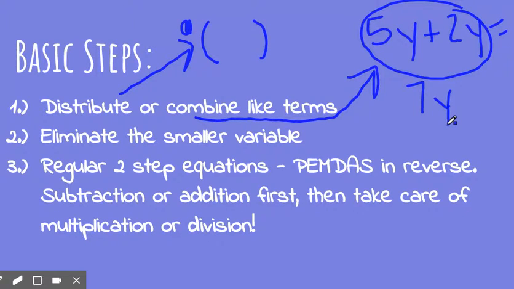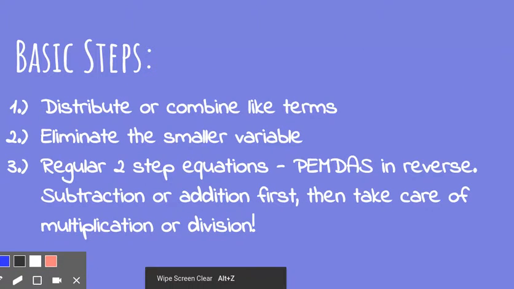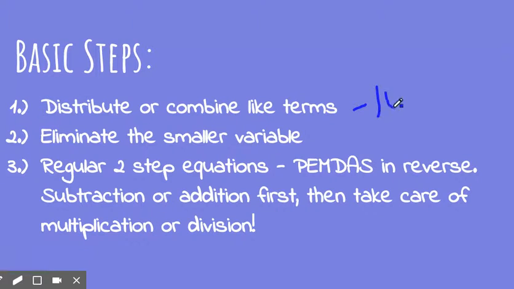Step number two, you want to eliminate the smaller variable. So if you have negative 10x on one side, and on the other side of the equal sign, you have 3x, your smaller variable is going to be that negative 10x.